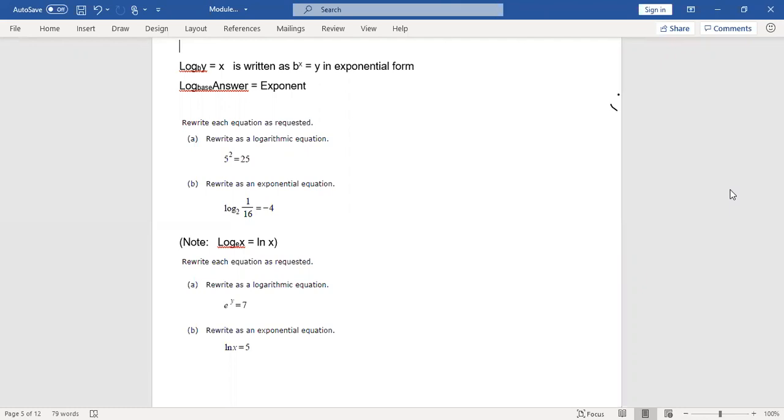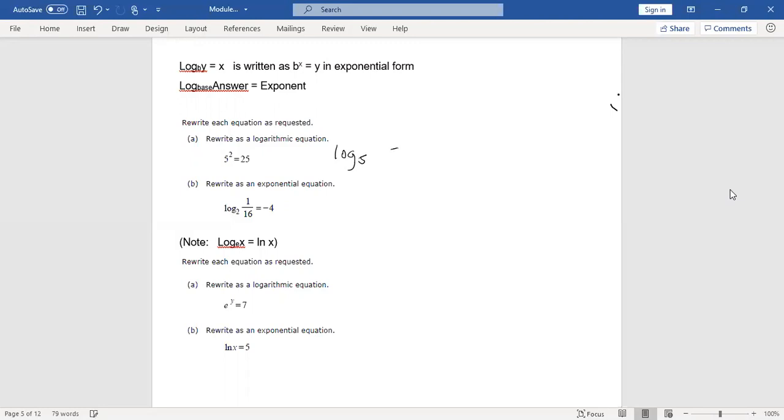The first example says rewrite as a logarithmic equation: 5 squared equals 25. The first thing I'm going to do is write the word log. The subscript is going to be the base, so what's being raised to a power, and that's 5.